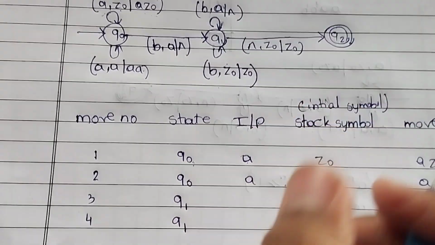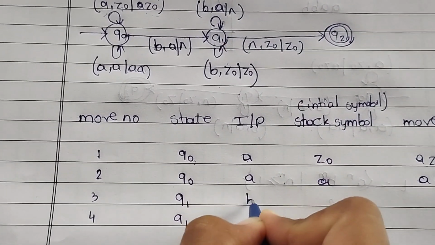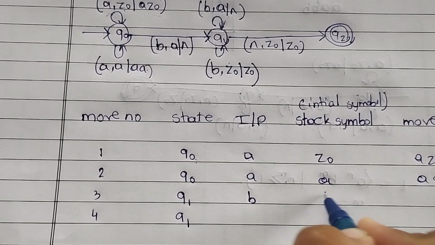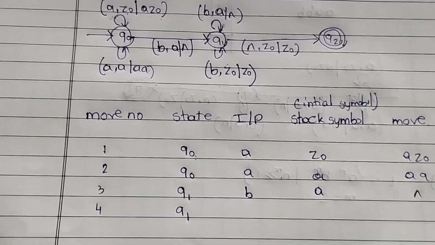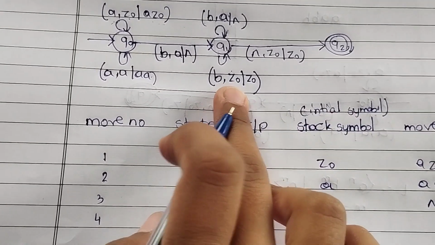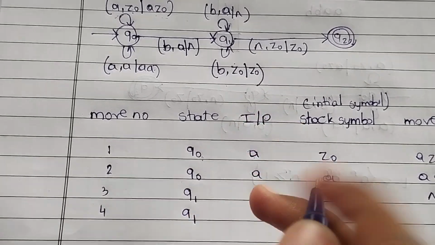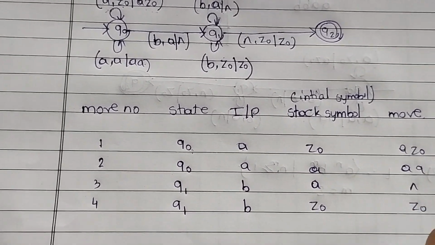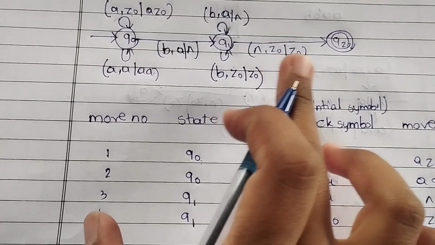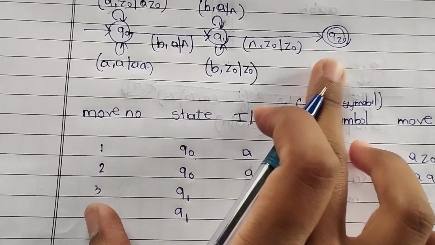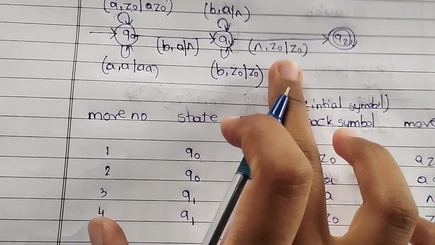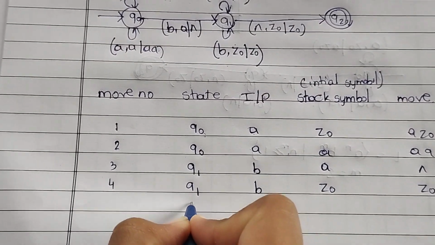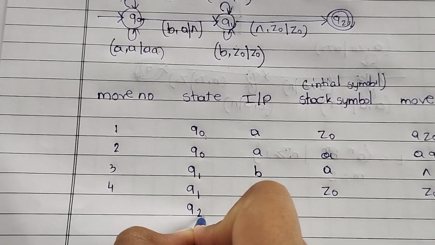Then write the first bracket as it is: first B, then A, and then null. So B, A, null, then A Z naught Z naught. B Z naught Z naught. Then for the next state, the transition is null Z naught Z naught. So right here Q2.